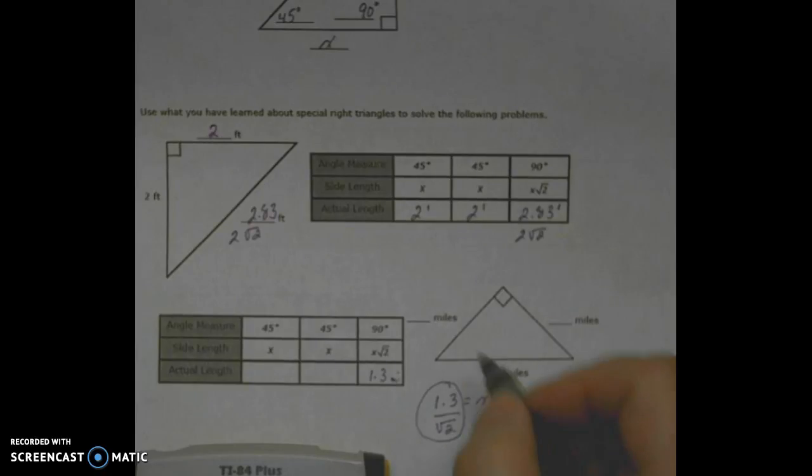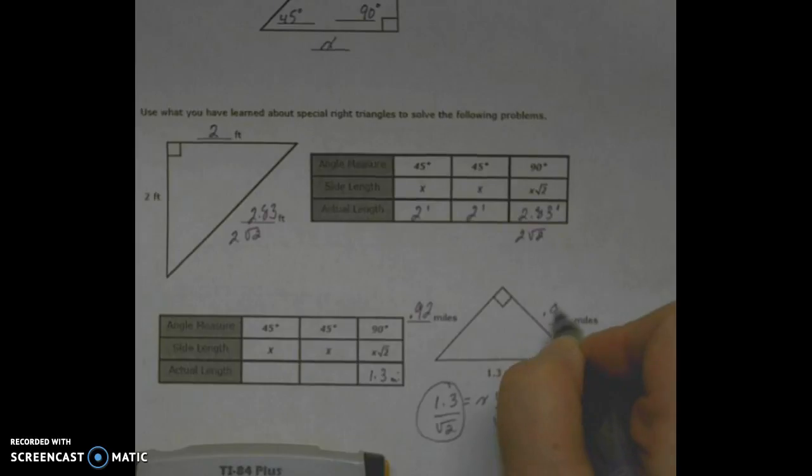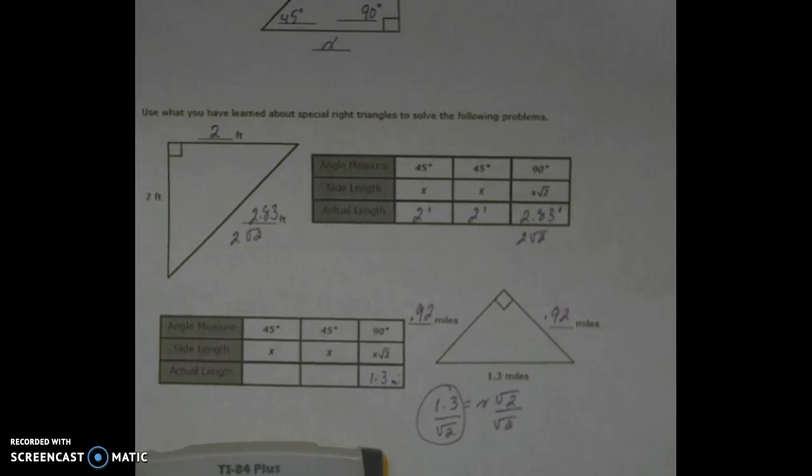1.3 divided by the square root of 2, and that gives me 0.919, or close to 0.92. So each of the lengths of those legs is 0.92 miles, whereas the hypotenuse is 1.3 miles.